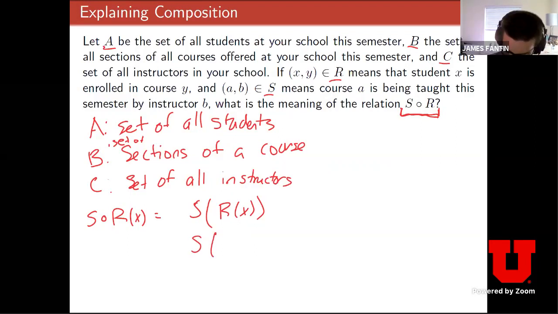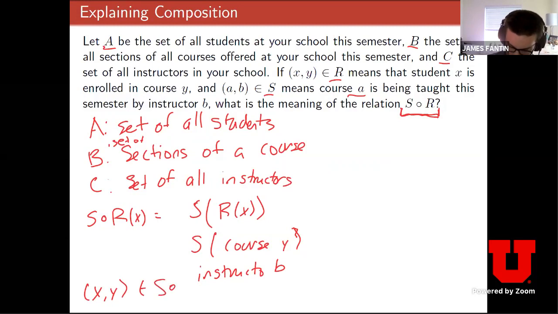So now we're going to have some course Y, and then S is going to take this course to some instructor B. So then we'd return some instructor B. So it means that X comma Y is an element of S compose R if student X is in instructor Y's course.